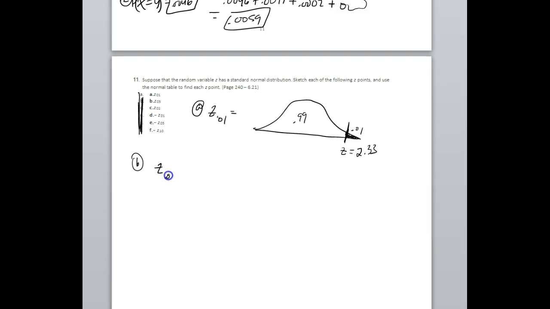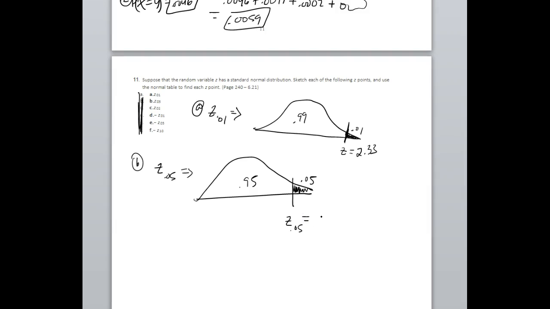B is z of 0.05. So similarly, we draw our graph, because it's more of an implied, not an equal to. Sorry for my terrible normal curve. This is the area that we're looking for, and this is where 0.05 of the probability is over here, 0.95 is over here. So this is the z-value of 0.05.